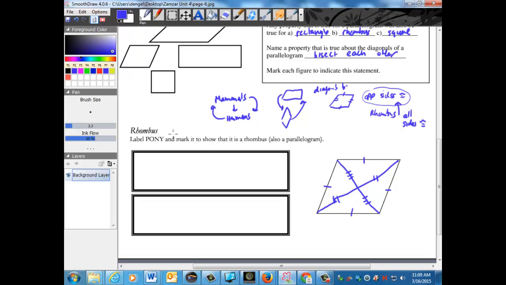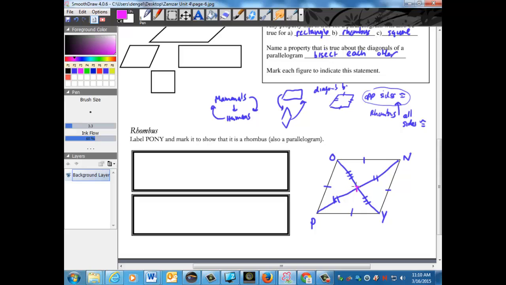They want us to label the shape PONY, so we're going to say P, O, N, and Y. By doing that, we've created a few different things. We're also going to put point T in the middle, where these points meet.